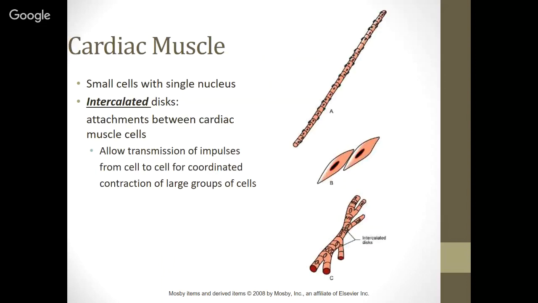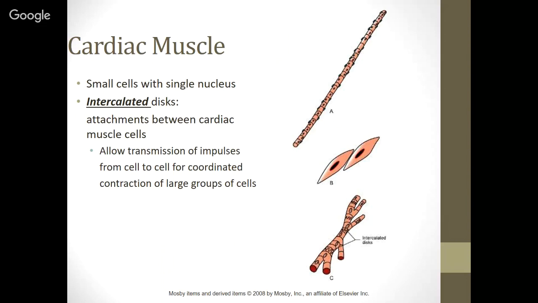All right, so we talked about skeletal muscle. Cardiac muscle and smooth muscle contract in similar ways, but because they are arranged differently, it allows those muscles to contract in a slightly different way. The cardiac muscle has small cells, and they have a single nucleus because they are smaller cells.